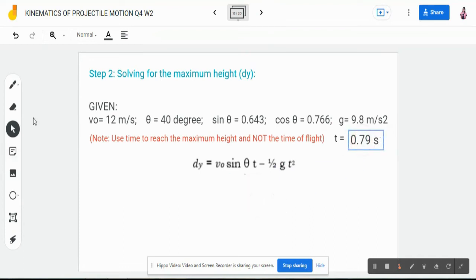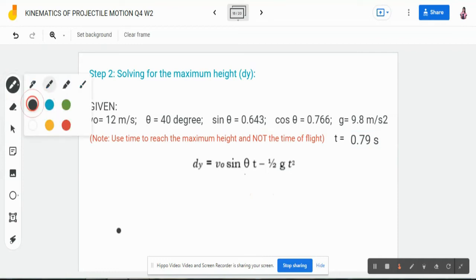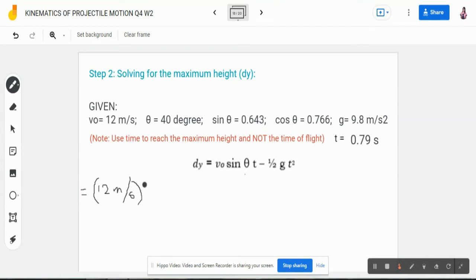Gagamitin natin time. So, kalkulate ulit natin. Substitute ulit natin what are the given. So, we have the initial velocity, once again, of 12 meters per second, times natin siya by the sine value of 40 degrees, which is 0.643. And then yung ating time, which is yung time to reach the maximum height, we have 0.79 seconds.